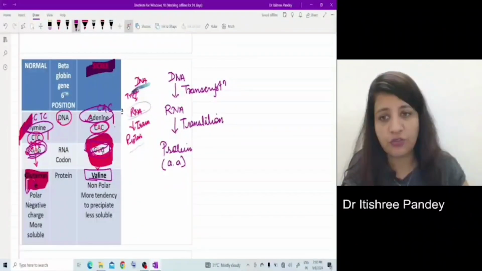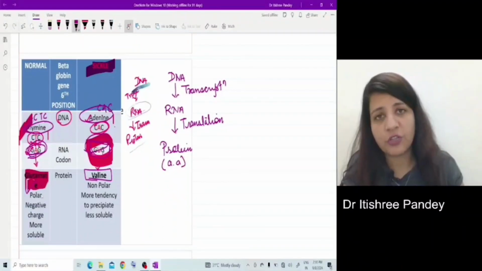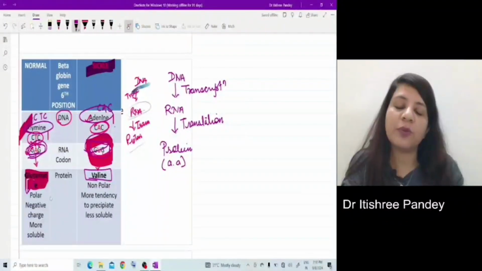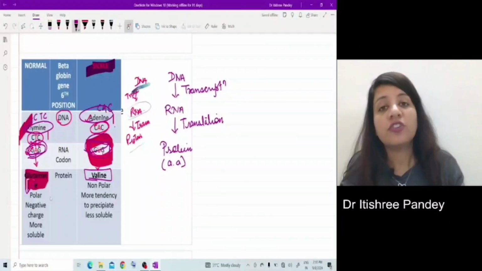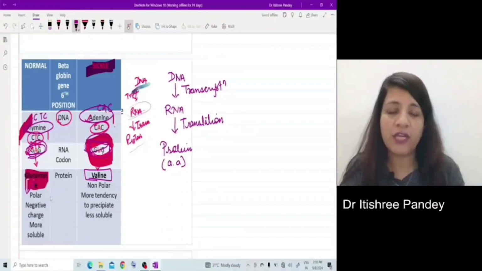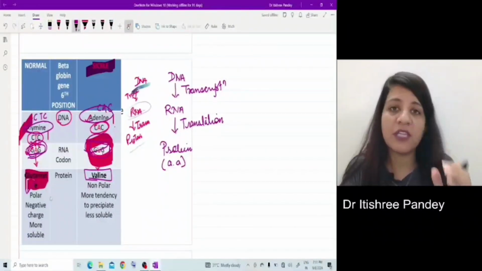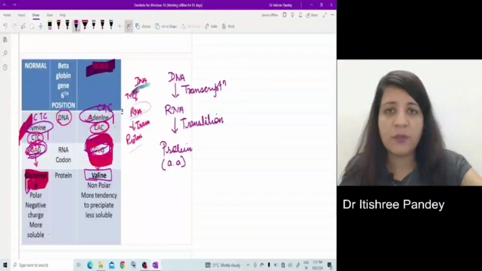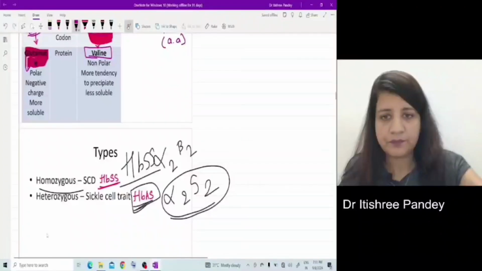Glutamate is polar in nature and a negatively charged amino acid, hence it is more soluble in water, whereas valine is non-polar and has more tendency to precipitate and is less soluble. Because of this tendency of valine, polymerization takes place and hence the shape of the RBC changes to sickle shape. About the polymerization we will be discussing in detail later.